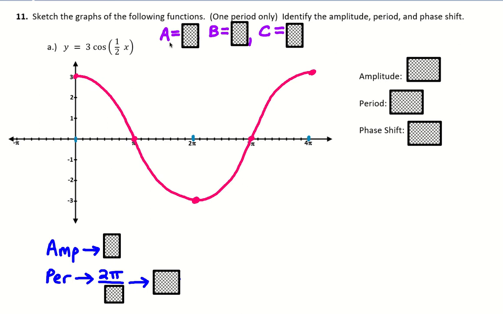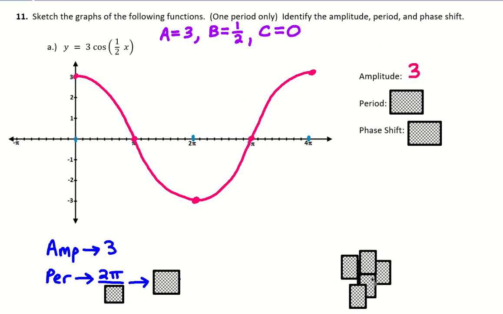So, in these examples, I went through the motions of identifying that our A value is 3, our B value, right here in front of the x, is 1/2, and our C value is supposed to come after here, but really there is none, so our C value is 0. You should realize amplitude is the absolute value of our A value, and so just 3.